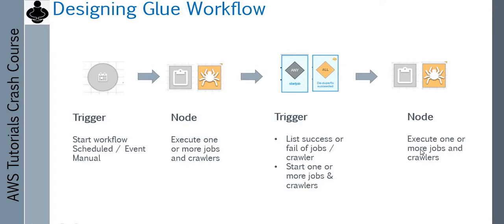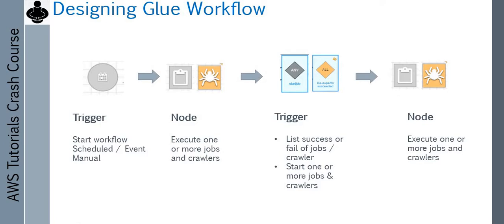So that's how the whole execution works. You start with a trigger which starts a node, the node can again notify a trigger that it is successful or failed, and based on that, the trigger can again start another set of nodes which could again execute certain jobs or crawlers, and so on and so forth. You can create your pipeline.